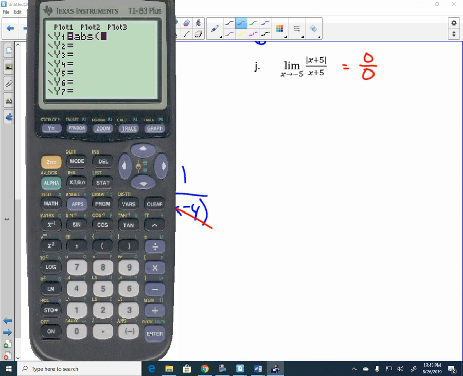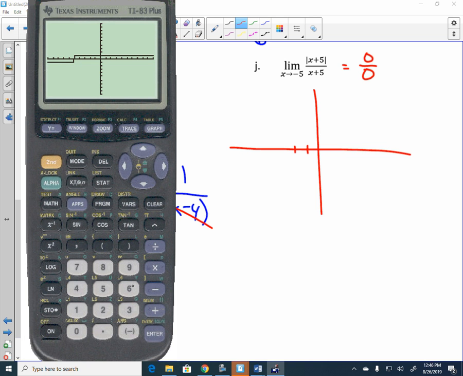Absolute value of x plus 5 divided by parentheses x plus 5. I'm going to zoom standard so I can get my graph. Zoom 6. And you notice that you get this graph.